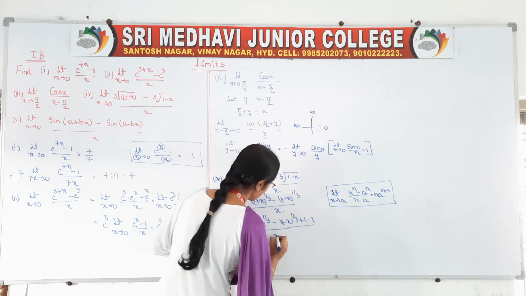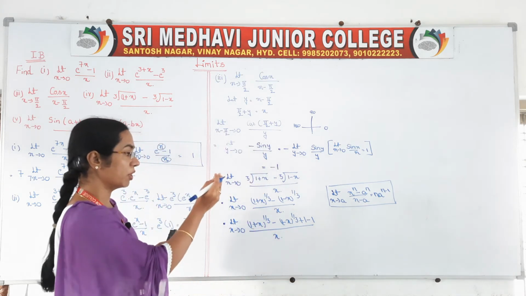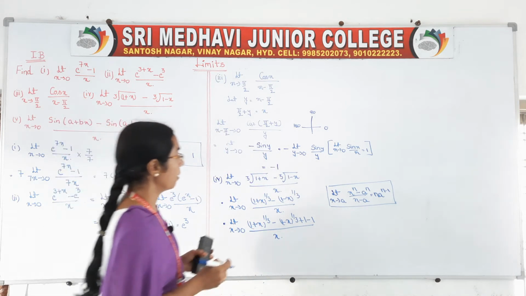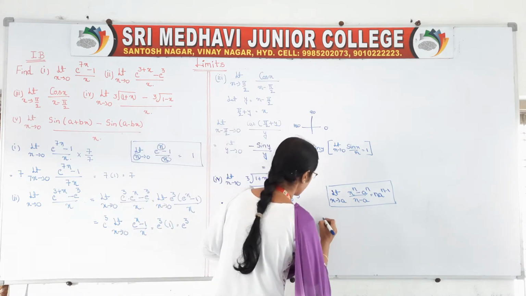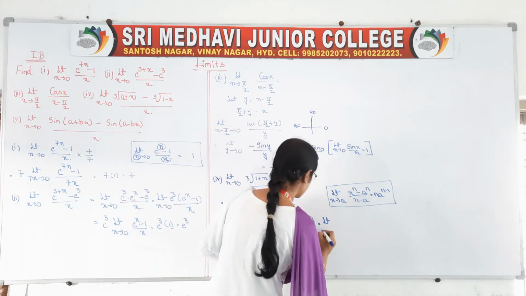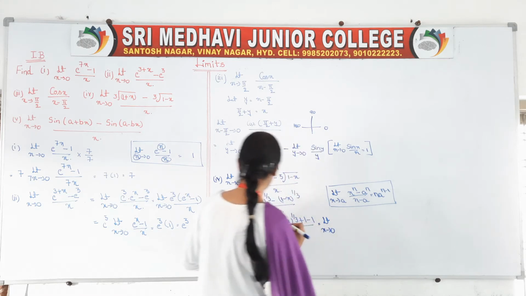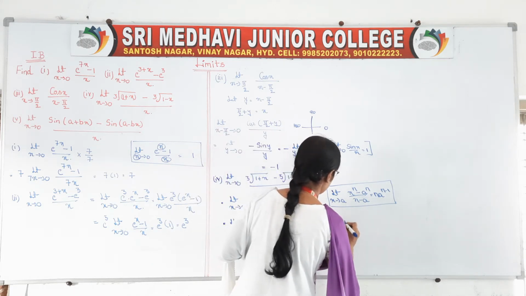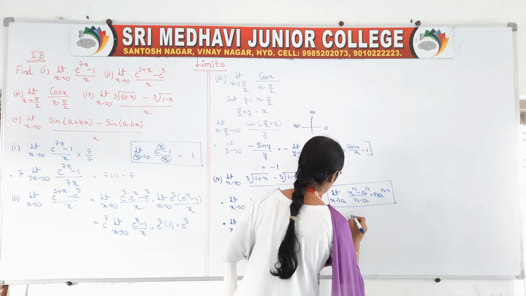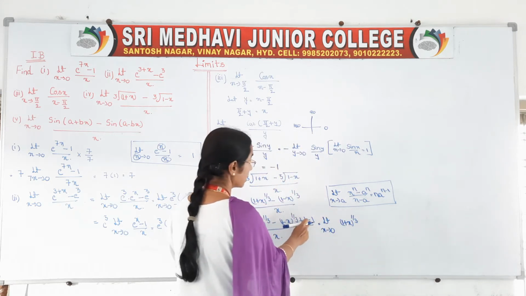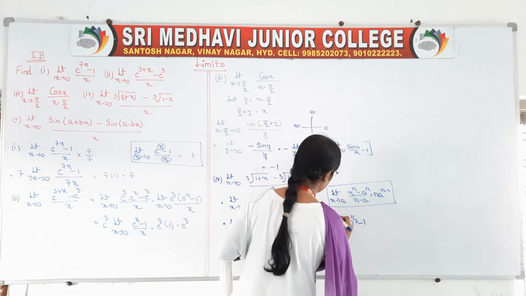Step by step we are converting the problem into that standard form. So next we can write limit x tends to 0, (1 plus x) to the power of 1 by 3, I have taken this minus 1 with this.